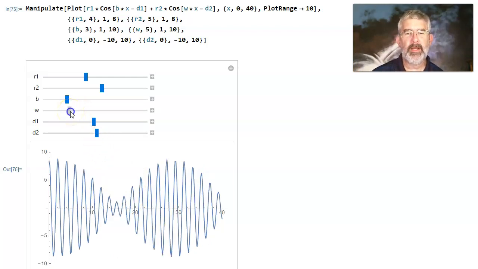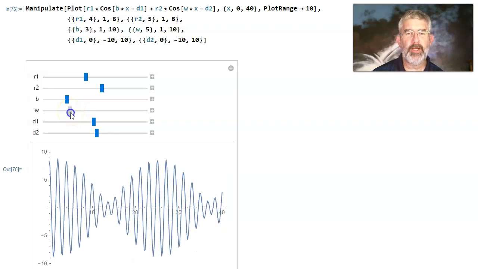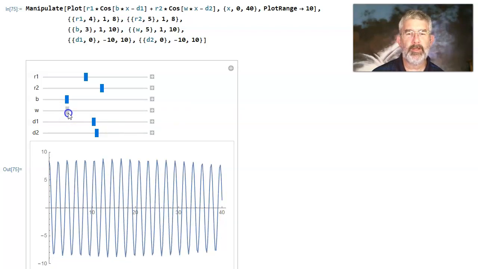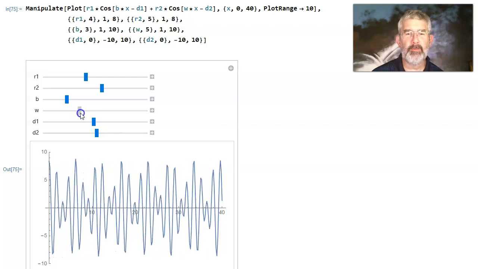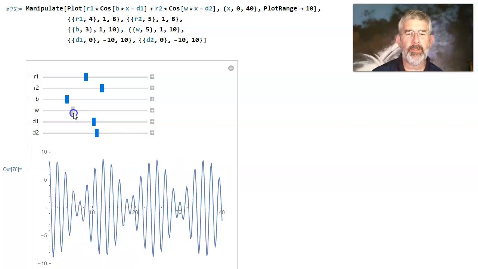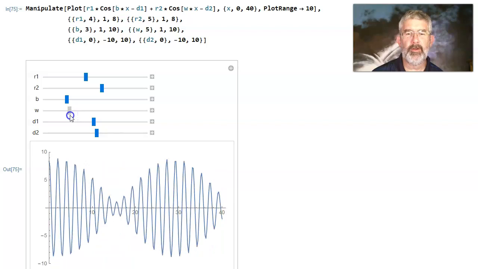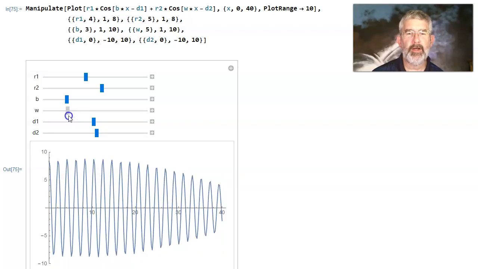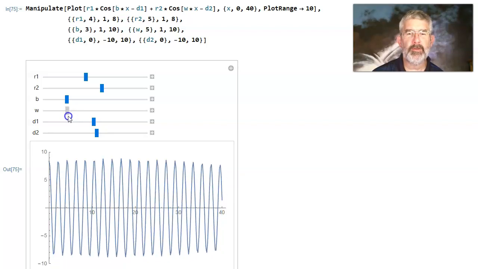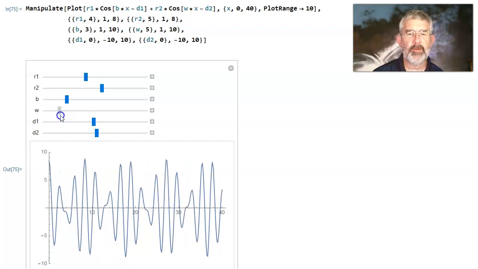We can see that as the two get closer and closer together, that those beats stretch out really long. As I pull them apart, the beats get short. So we get longer and longer beats, and there the two strings are in tune, right? And then of course on the other side it goes the other way.